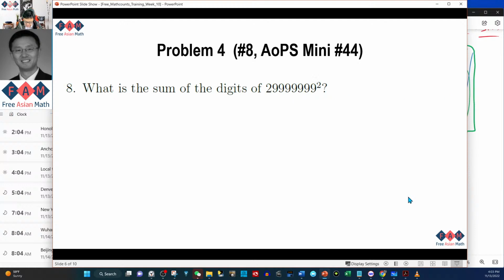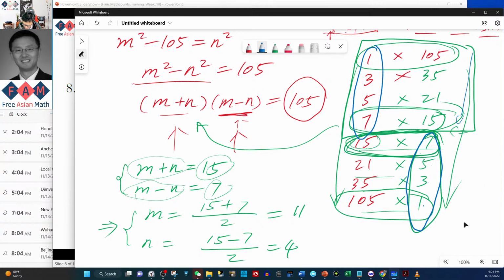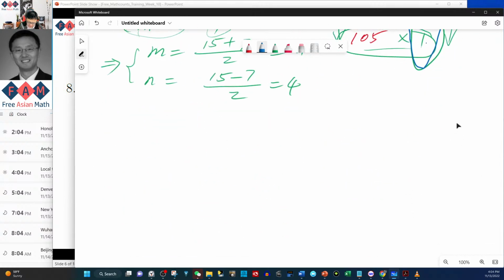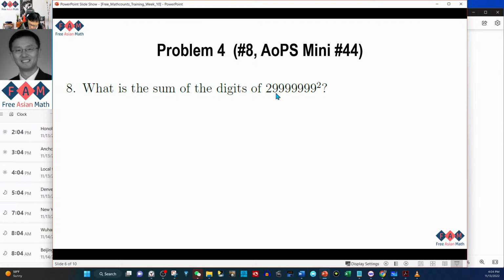All right. Next problem. What is sum of the digits of 29999 square? Well, how do we do that? Well, you look at this weird number. You probably know what you should do, right? You don't want to compute the square of this number. You want to compute a very convenient number, and that has to be, how many nines we got here? 1, 2, 3, 4.